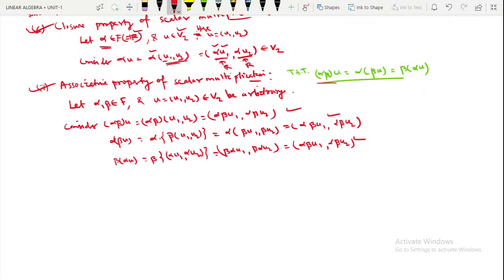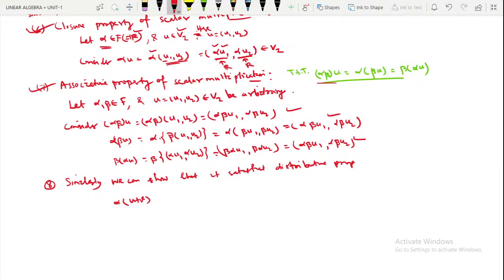And similarly we can show that it satisfies the distributive property. I am not writing this, you can show this. So what is the distributive property?